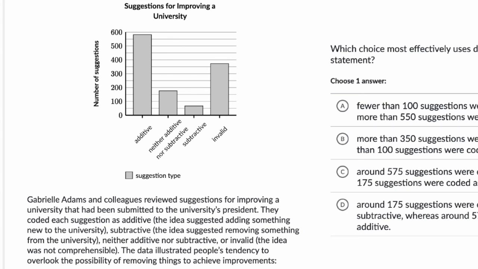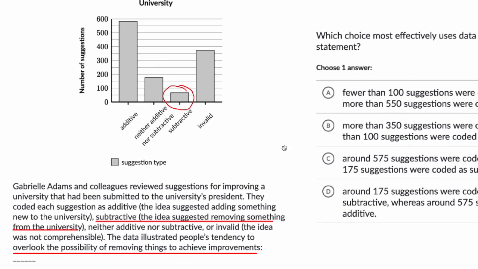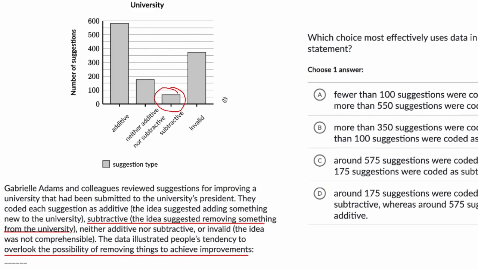Okay, so if people overlook the possibility of removing things to achieve improvements, then we would expect the number of subtractive suggestions to be low, relatively speaking. And that is what we see here. So for the subtractive solutions, there were fewer than 100 of those.